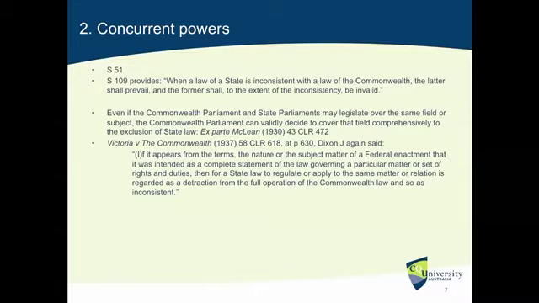So it's actually possible for both the Commonwealth Parliament and state parliament to legislate on exactly the same field, for as long as the Commonwealth Parliament has not evinced an intention to cover that field comprehensively to the exclusion of state law. And that is according to the doctrine as enunciated in Ex parte McLean.